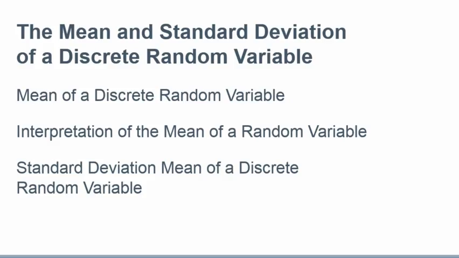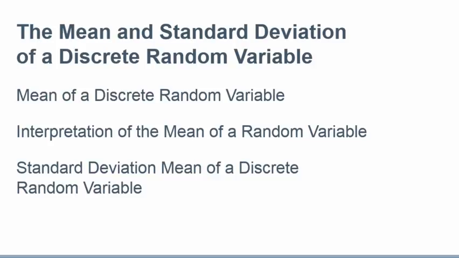To recap the mean and standard deviation of a discrete random variable, the mean of a discrete random variable is labeled mu and is defined by the sum of x times the probability of x. The interpretation of the mean of a random variable: the larger the number of observations, the closer the average tends to be to mu.